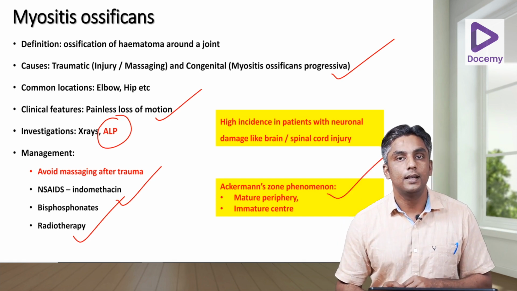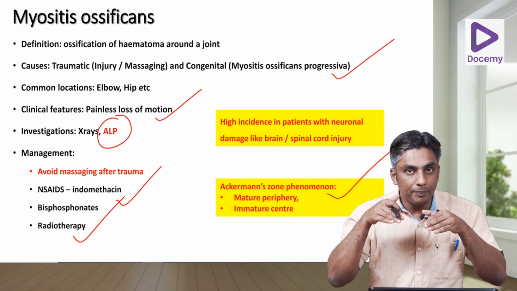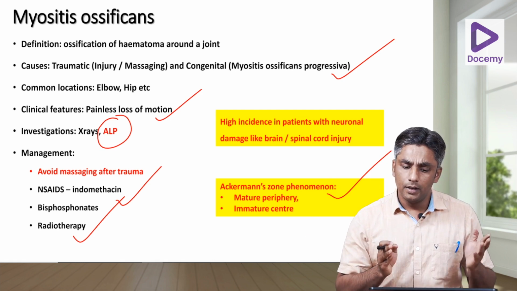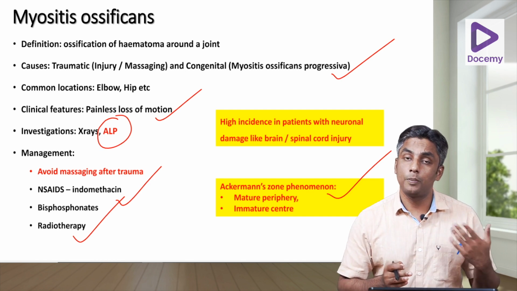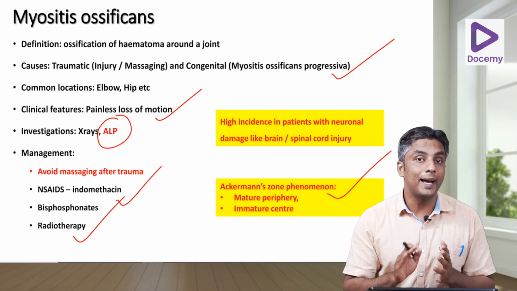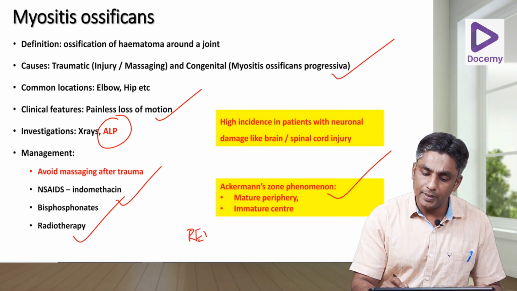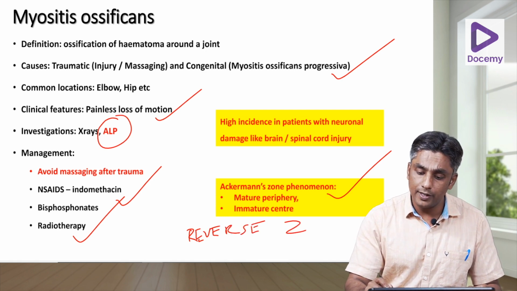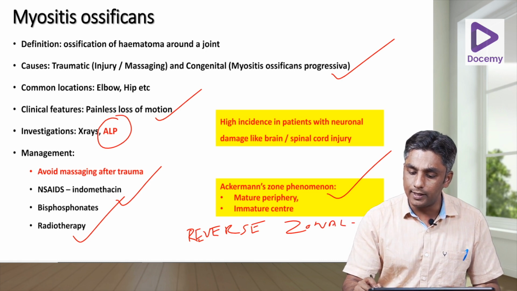Zonal phenomenon means that the myositis ossificans matures from the center to the periphery. The center will be immature and the mature part is the periphery, just the opposite of malignancy, where you have a reverse zonal phenomenon. This forms a part of your general knowledge, or sometimes can even be asked in exams.